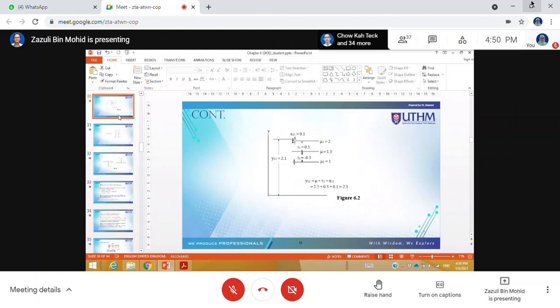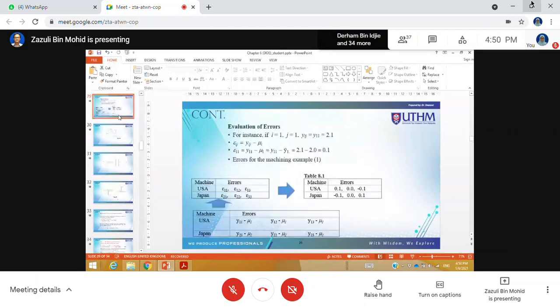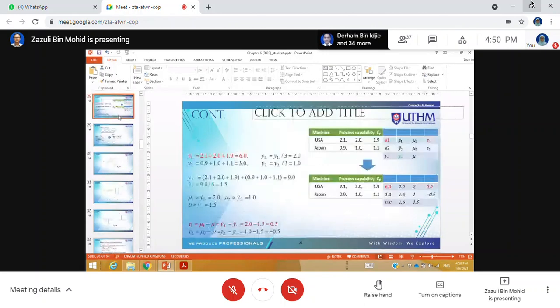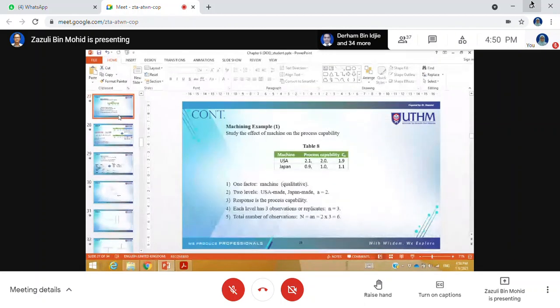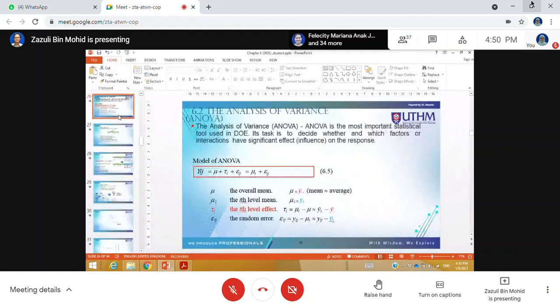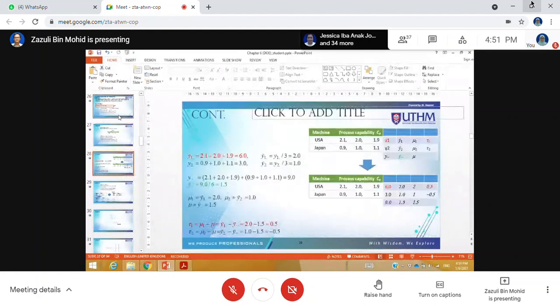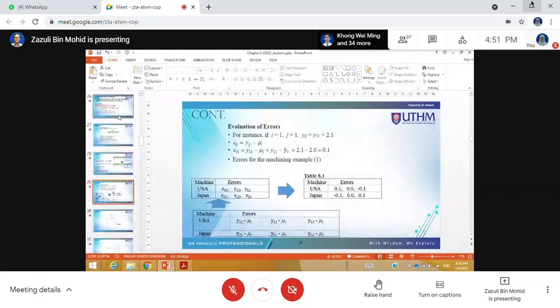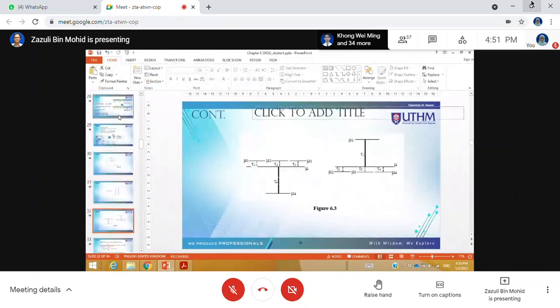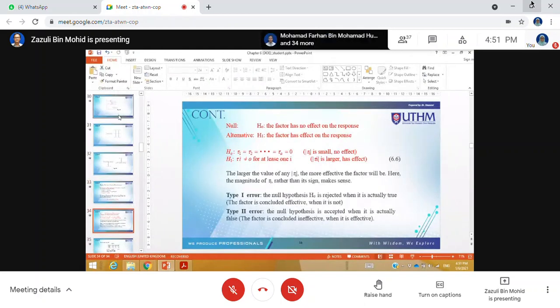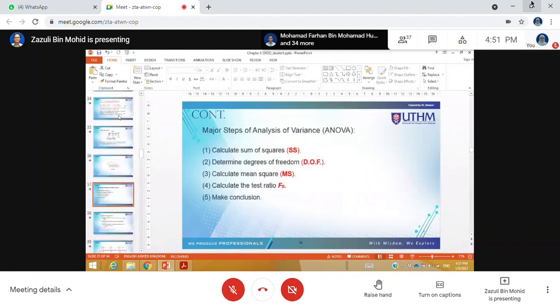From this explanation today, you need to understand that we have to do some calculations to evaluate the level of significance of the factors in our experiment. So we can use a method whereby we calculate the tau, and at the same time maybe you can also calculate using the hypothesis test, which is using the F value.